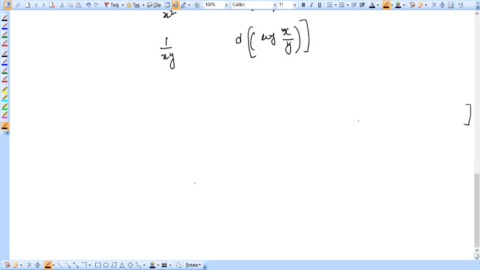We are going to find out another integrating factor of this differential equation.